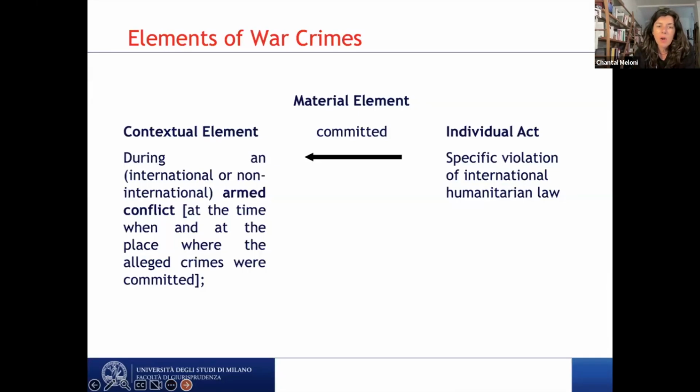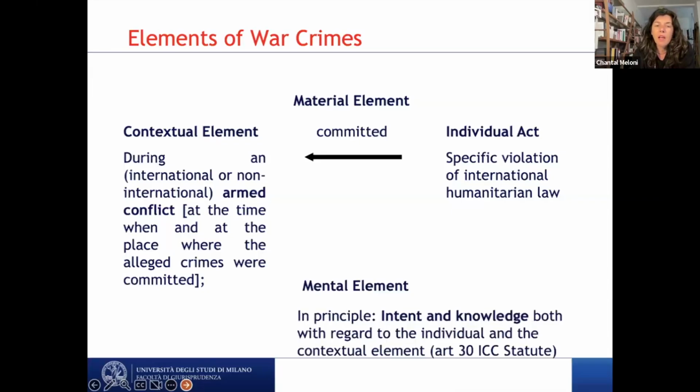And in this context, individual acts, so specific violations of international humanitarian law, are committed, the specific war crimes that we are talking about. And they are committed not just during, but with a nexus to the armed conflict.